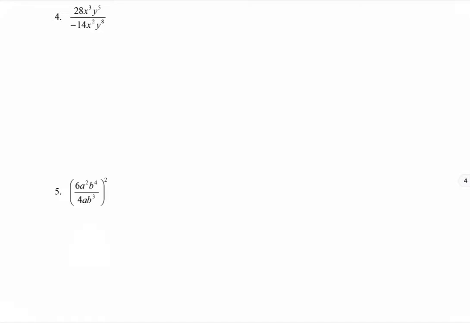Okay, now, again, I'm going to do this in parts. So I'm going to have 28 divided by -14 times x to the 3 minus 2 times y to the 5 minus 8. So that's -2 times x to the 1 times y to the -3. -2 is a number, x over y cubed.